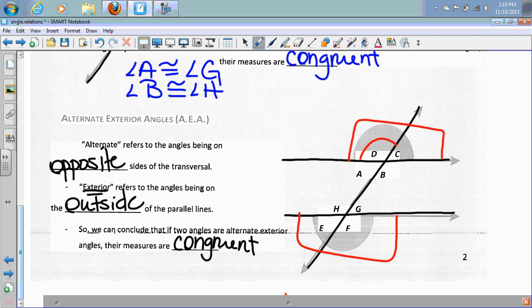D, the opposite side is F. So angle D will be congruent to angle F. And angle C will be congruent to angle E. Alternate exterior, alternate interior, and corresponding angles.